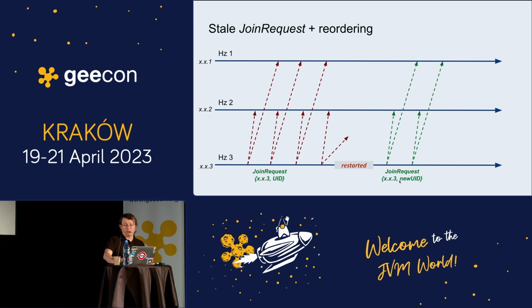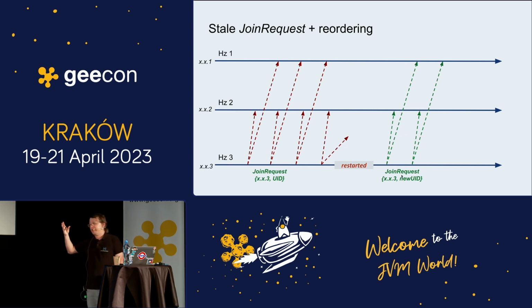And if at this moment Hazelcast node 3 has successfully joined the cluster and received the acknowledgement from the master, it will stop sending the join request, and it will be joined to the cluster.